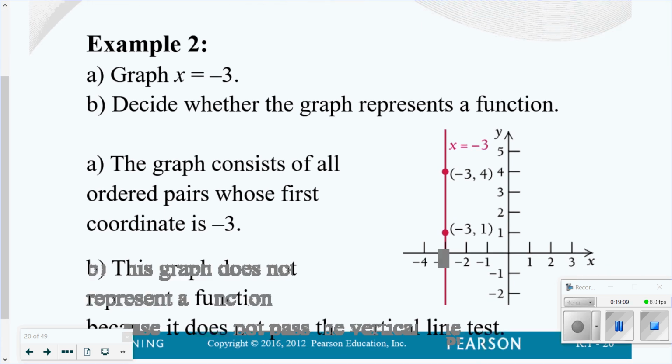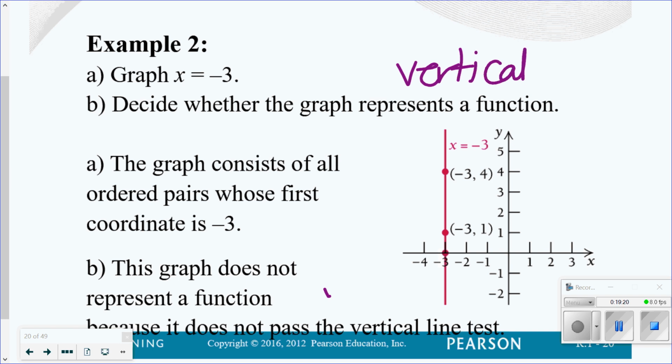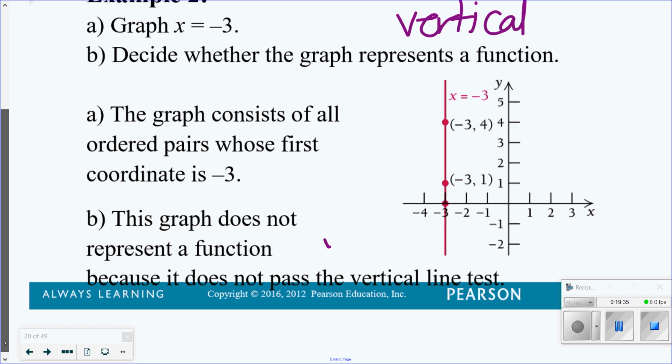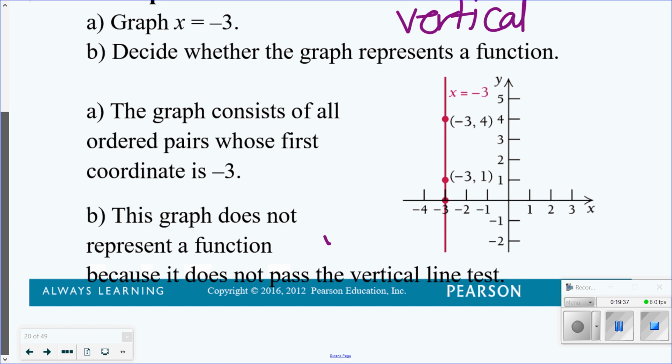If you have the equation x equals some number, in this case it's x equals negative 3, this gives you a vertical line. So anytime you have x equals some number, it will give you a vertical line. Now, x equals some number is not a function because it will not pass the vertical line test because it is a vertical line. Okay, those are two special lines because we're going to talk a little bit about lines now.